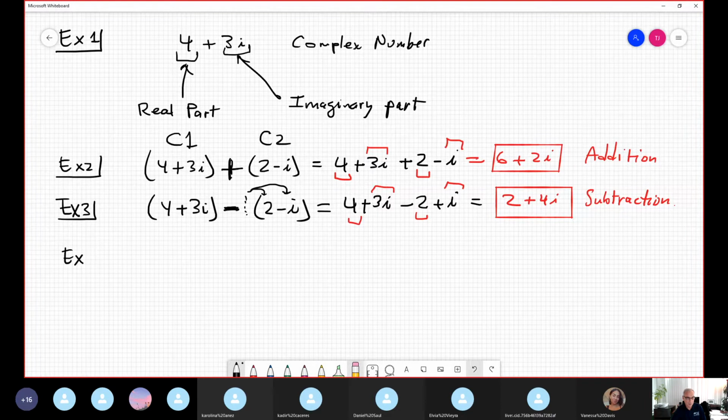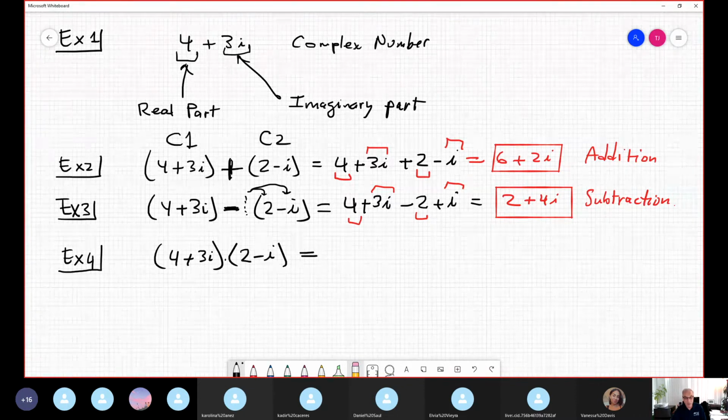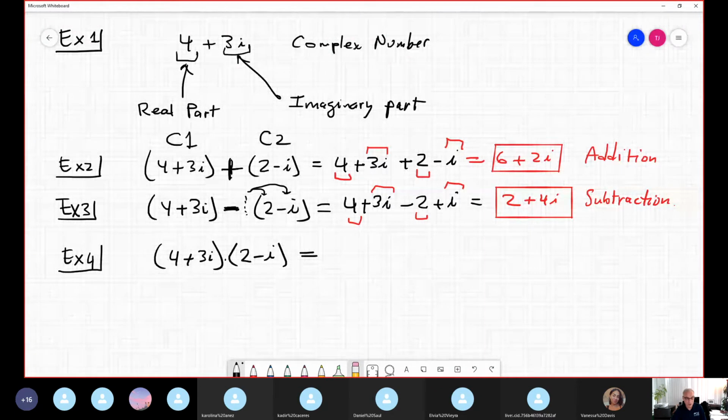Well, now let's do a multiplication. It's not too complicated, but a little bit. Suppose, again, the same complex number, but now multiplication. When you see parentheses and you don't see any arithmetic symbol in the middle, you suppose that it is multiplication by default. Since a complex number contains 2 parts, real part and imaginary part, you consider this like a binomial expression, and you apply FOIL.